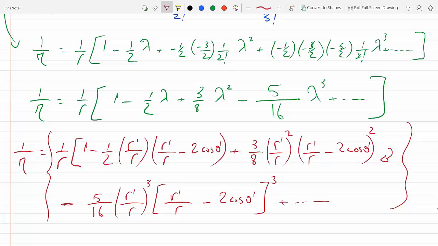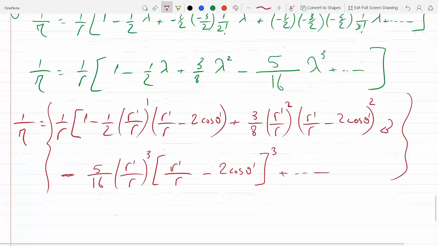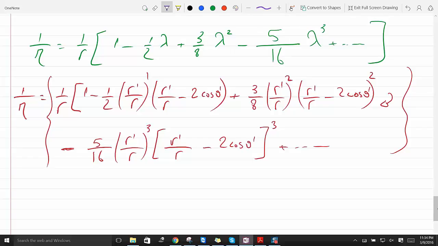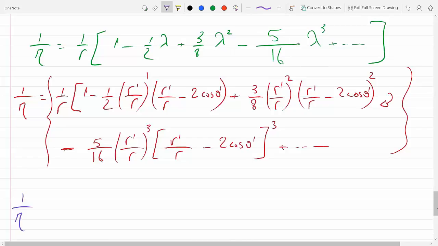Well, we have here r prime over r. This is a 1, this is a 2, this is a 3. Let's see, we can collect those. So let's collect the like powers of r prime over r. If I do that, I will get 1 over r.